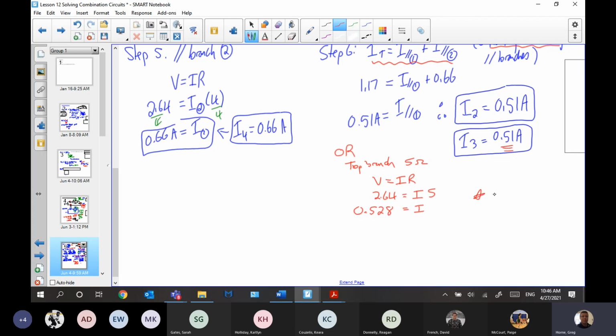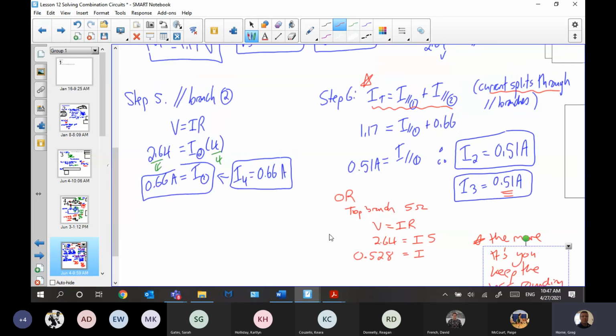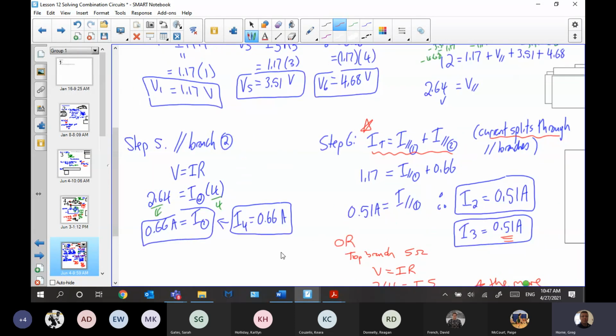It's the more numbers you keep, the less rounding errors, right? So the more numbers you keep, the better, so the less rounding errors there will be. Now, I mentioned that if I was doing this question from scratch right now, I probably would have a little bit of different numbers here and there, like the 0.66, for example.